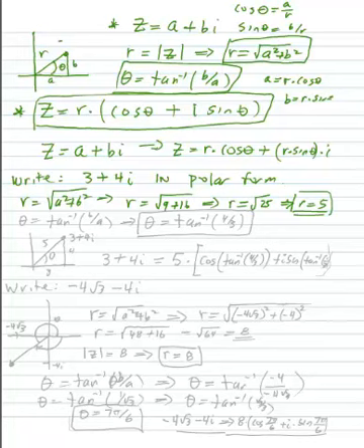Now the angle theta is the arctangent of b over a. That tells us theta is the arctangent of 4/3. Arctangent of 4/3: this number here is 3 plus 4i, this side is 4, and this side is 3, and this side is 5.